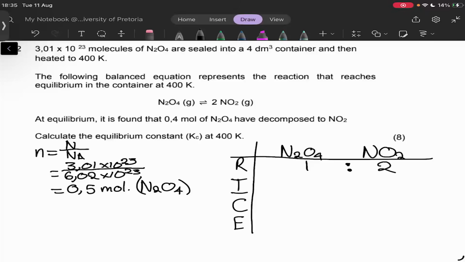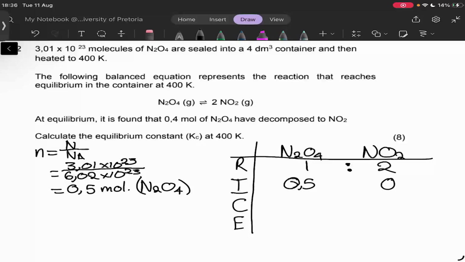I know initially I have 0.5 moles of N2O4, but I have 0 moles of NO2 initially, because what's happening is that we're just sealing all of this right here into a container only, and then that reacts to produce that over there. So I know initially I have 0 moles of NO2. Cool. Now let's look at what else is there.